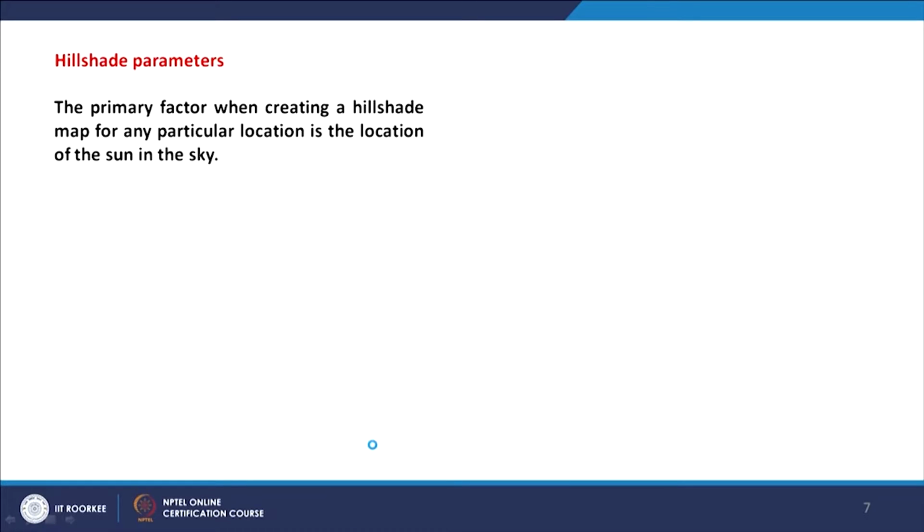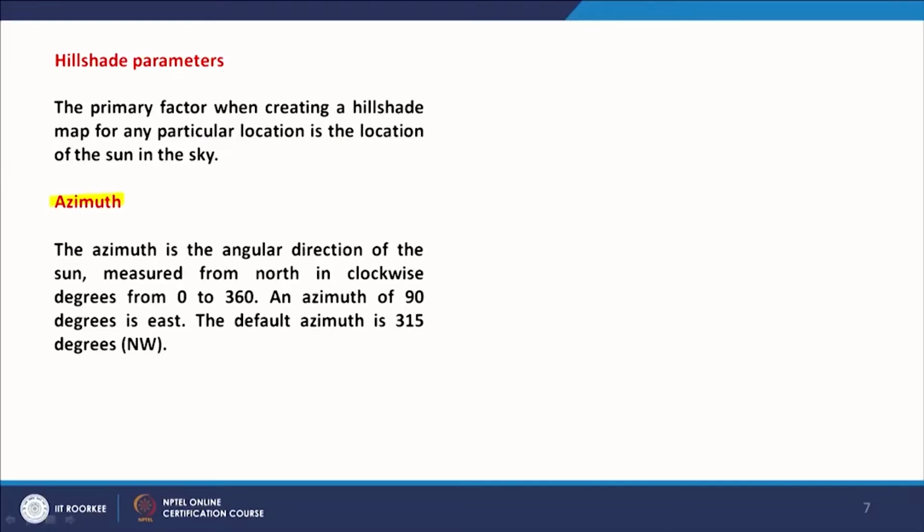Now, hill shade parameters. The primary factors when creating a hill shade for any particular location is the location of the sun in the sky, and 2 parameters will come, one is azimuth, another one is elevation. Both are in angles or in degrees.